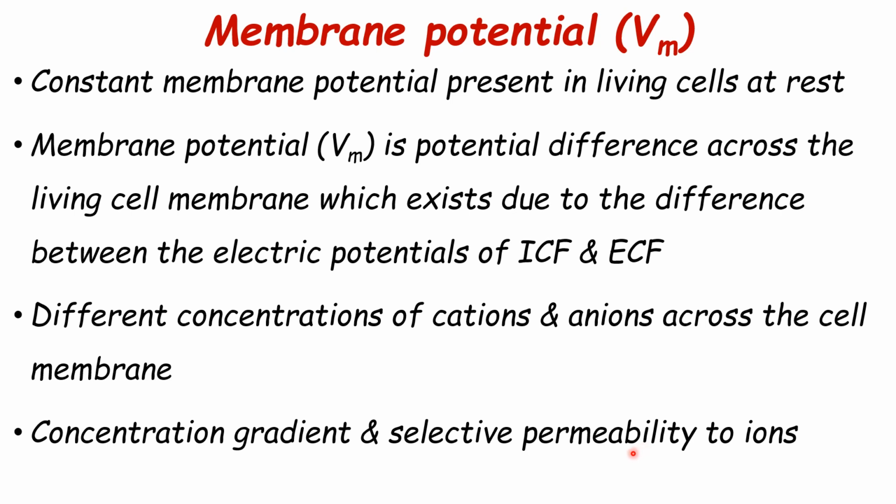What I'm trying to tell you is that for a potential difference to occur across the cell membrane, there should be a concentration gradient, and the membrane should be permeable to these particular ions.